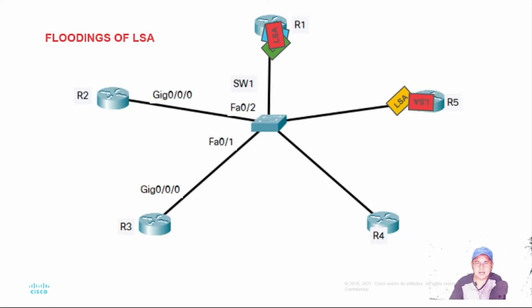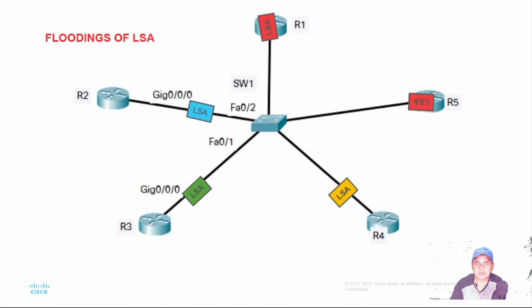Each device participating in a routing domain sends its LSA throughout the network. All right? So it becomes chaotic.